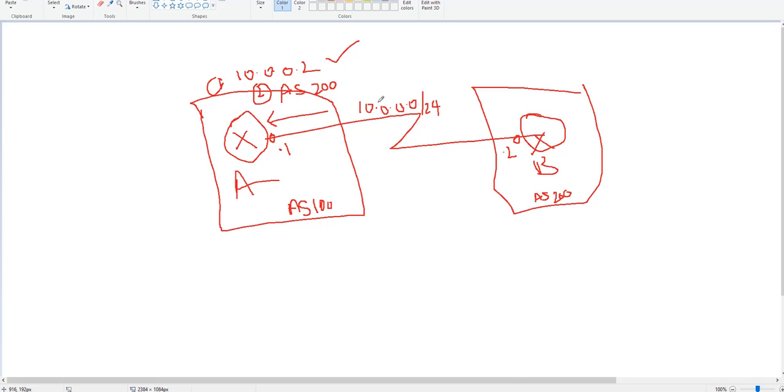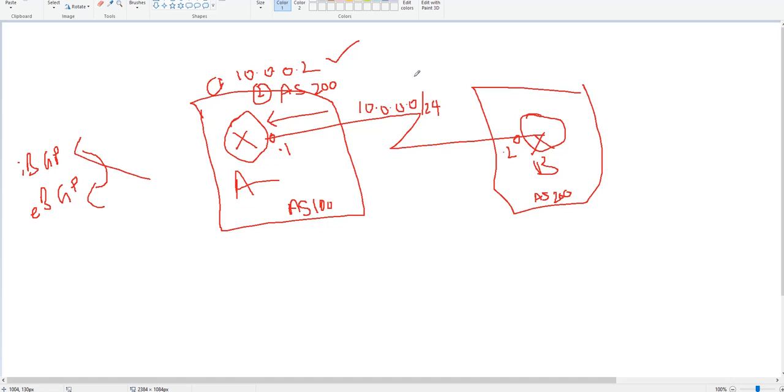We'll get to know there are different things, like IBGP and EBGP, which we will get into shortly. Just to summarize: in BGP, we have to define the neighbors manually.